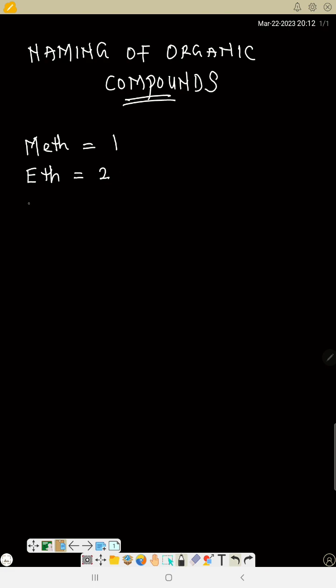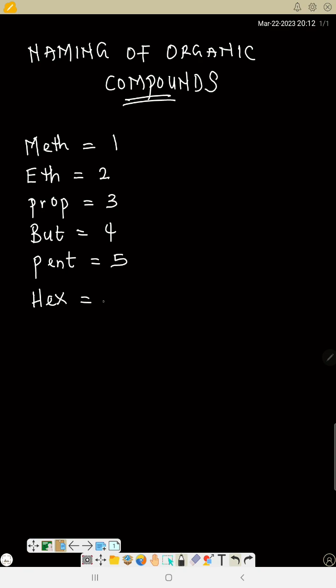Know it that way. Prop is for three. But is for four. Pent is for five. Hex is for six.